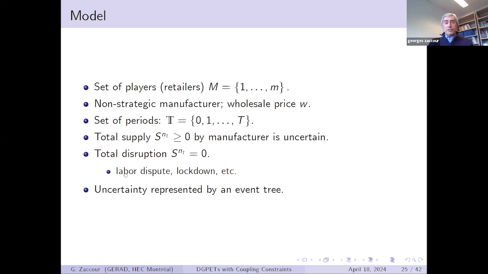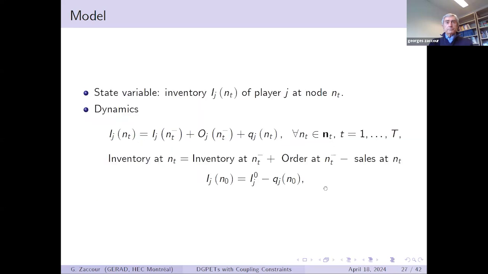This is a typical case that can occur if you have a labor dispute, a lockdown, or a transportation means is not available, etc. And we are going to represent the uncertainty by an event tree.